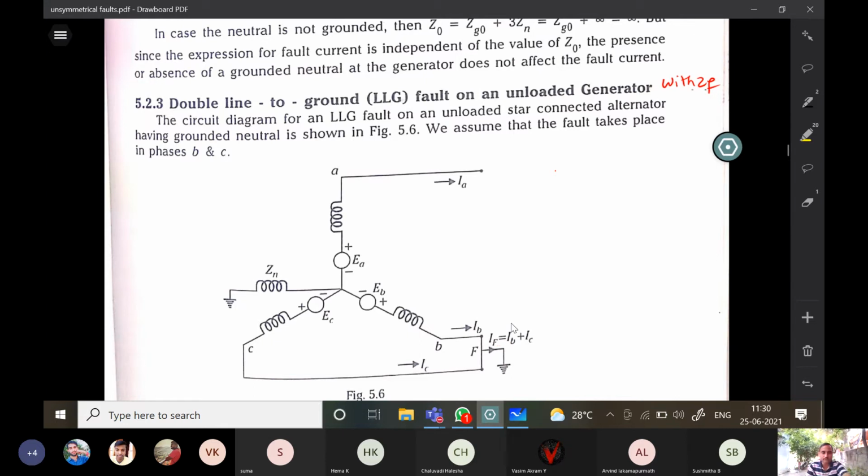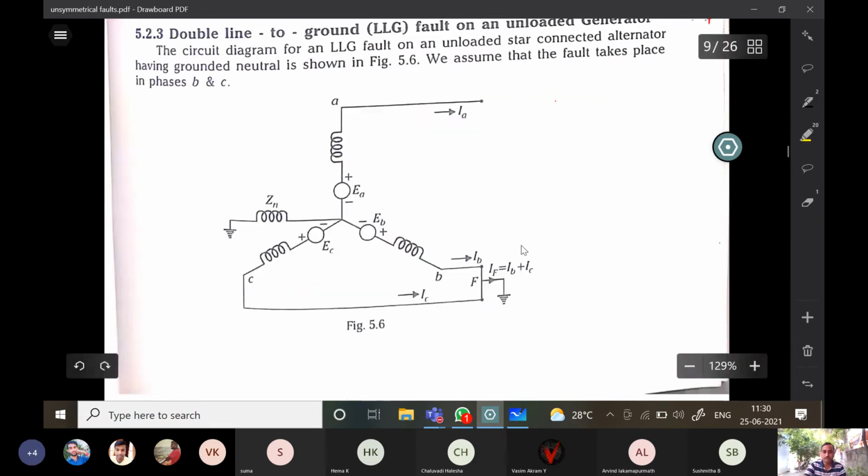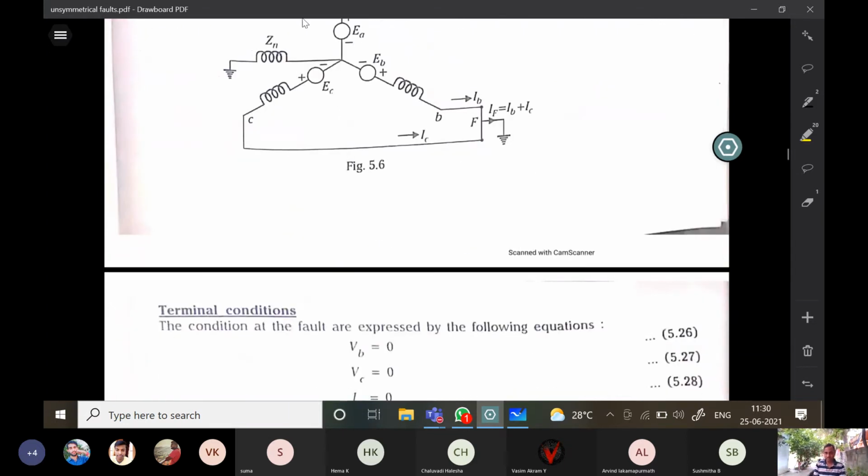So we need to draw the impedance here. This is called ZF. So IF is equal to IB plus IC as it is. In the previous case there is no impedance, it is directly grounded. Here the fault impedance is present.